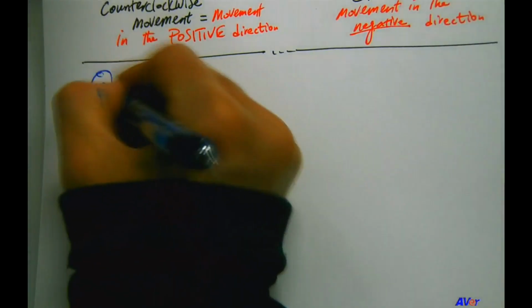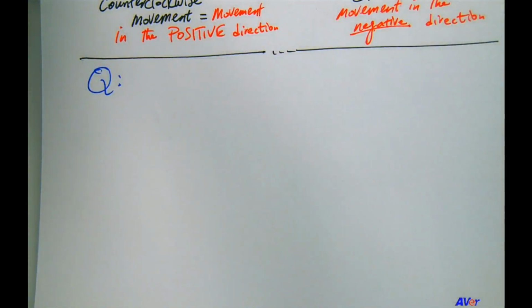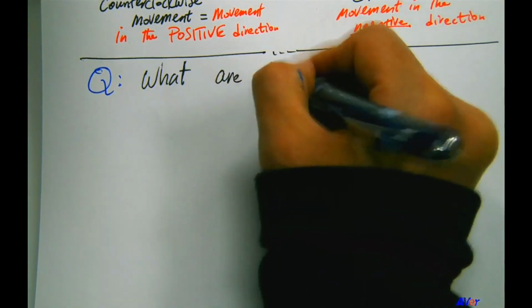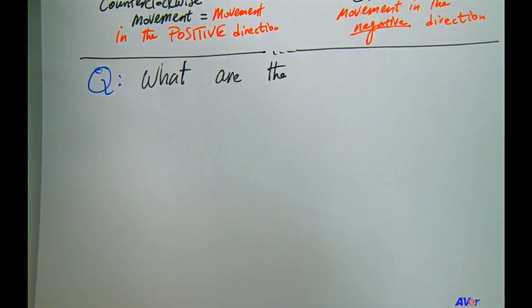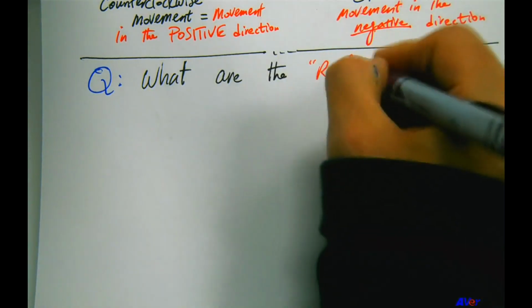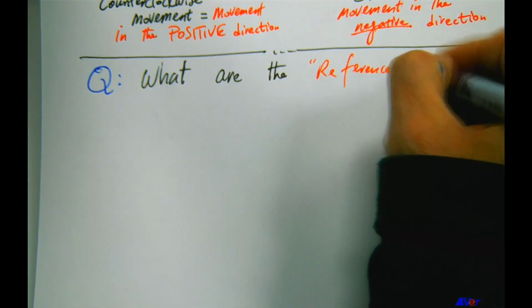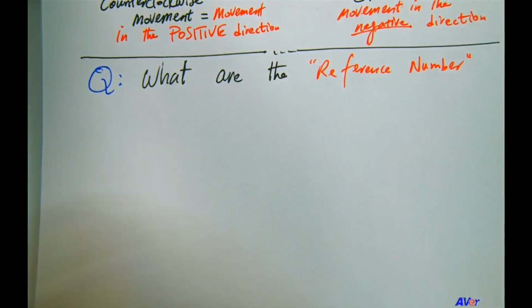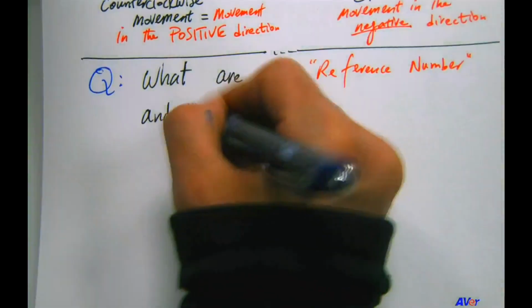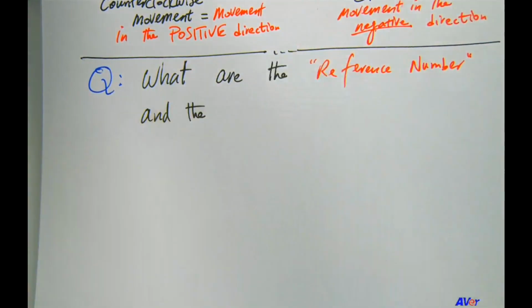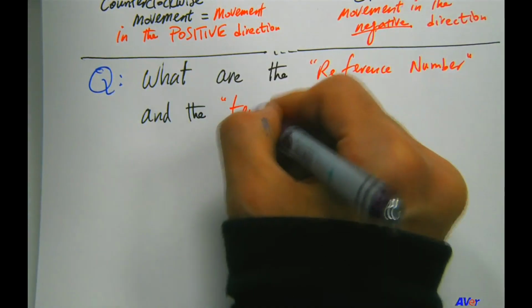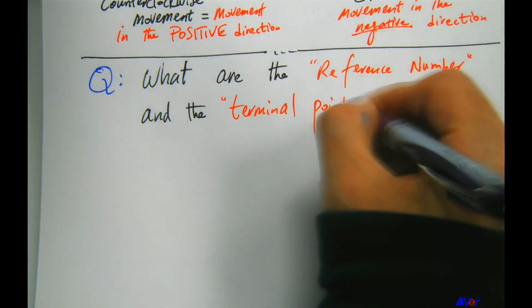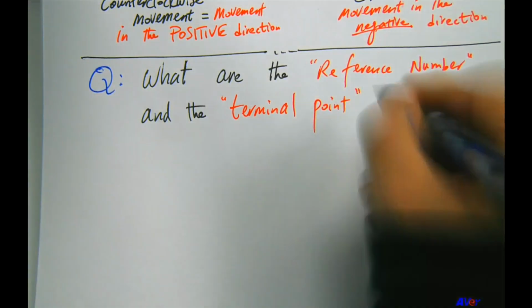We can ask the question, what are the reference number and the terminal point on a unit circle?